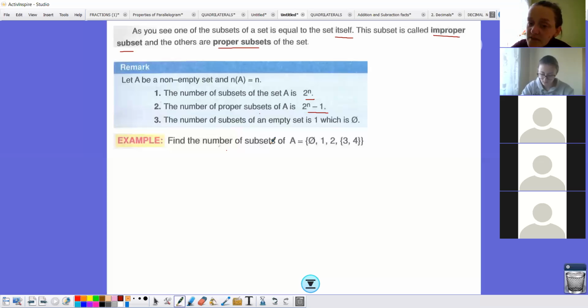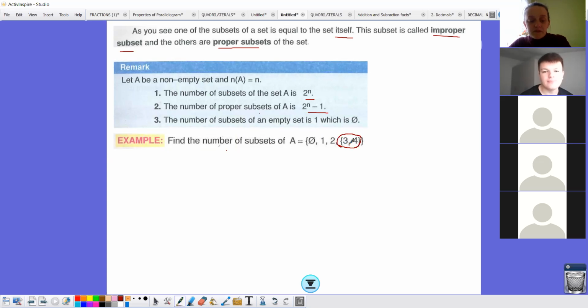So how many elements do we have here? What do you think in A? 4. 4 elements. Look here, this one is 1 element, it is in a bracket. So this is 1 element. So n of A is equal to 4.